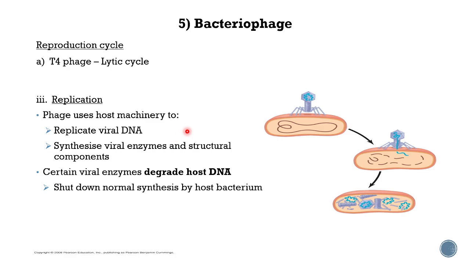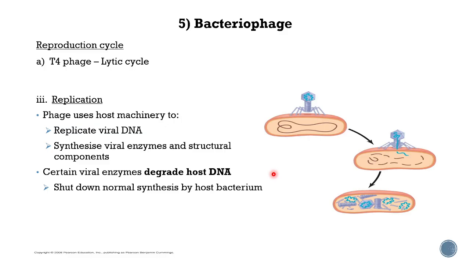Okay, one of the viral proteins or enzymes that is produced through protein synthesis using the viral DNA is an enzyme that will hydrolyze the DNA of the bacterial cell.